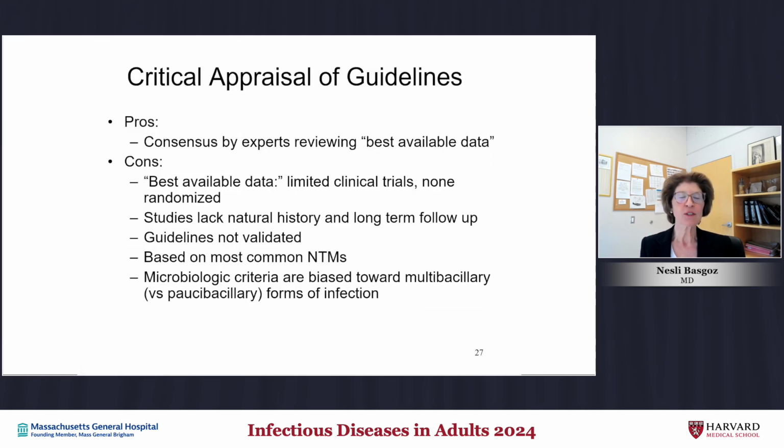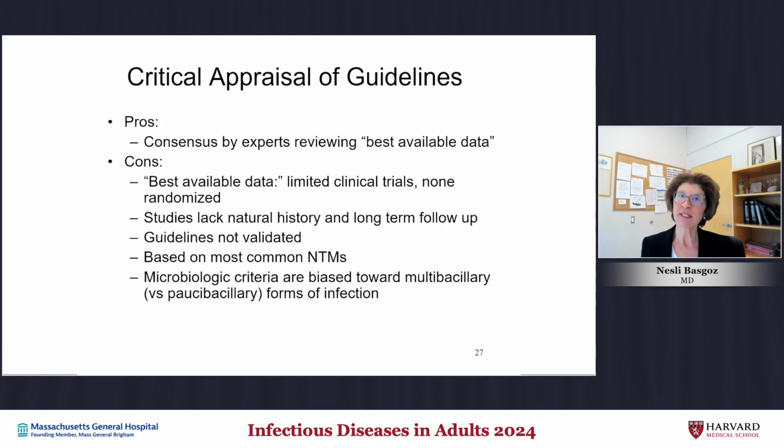So the good thing about the guidelines is it is consensus by experts reviewing the best available data. But the cons, of course, are the best available data are very limited, and there are very few clinical trials. These are mostly cohort data, and none of the trials are randomized. The studies often lack natural history and long-term follow-up.